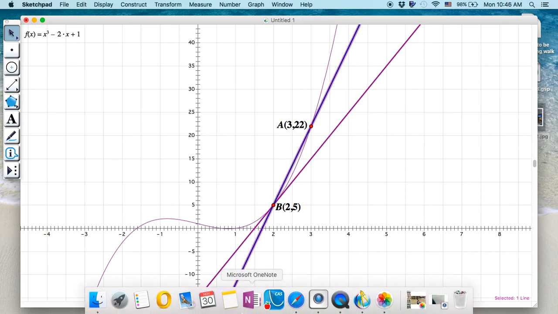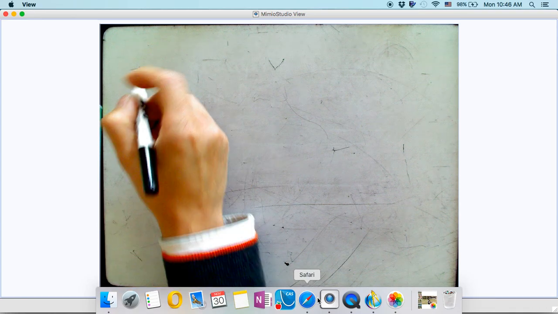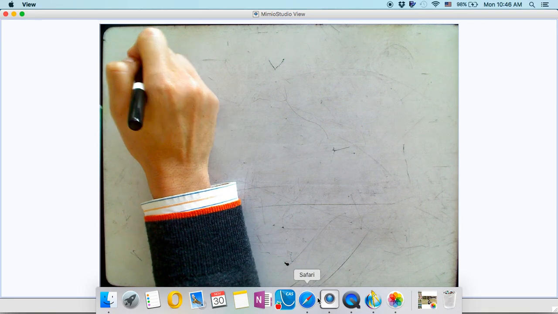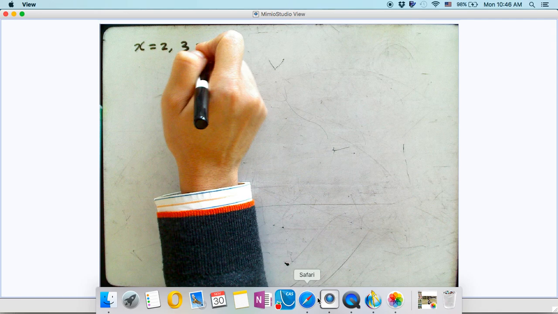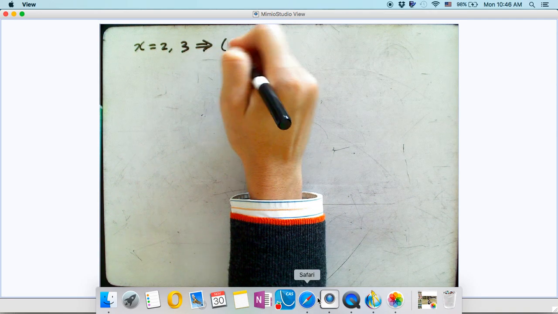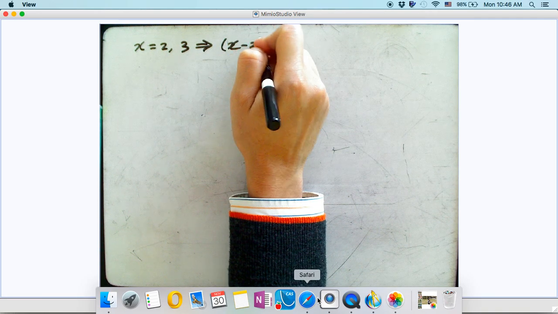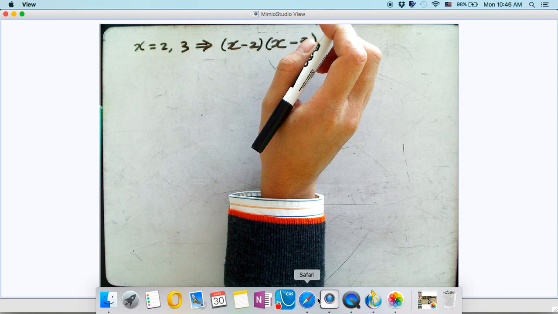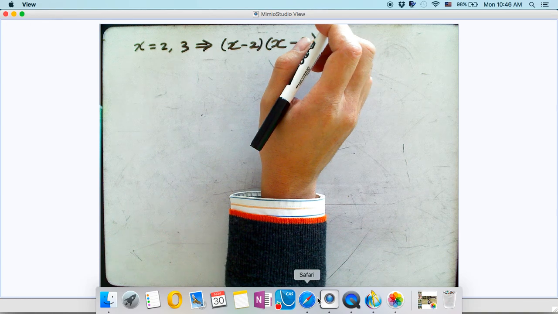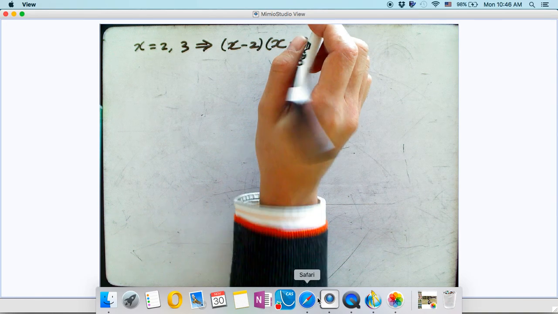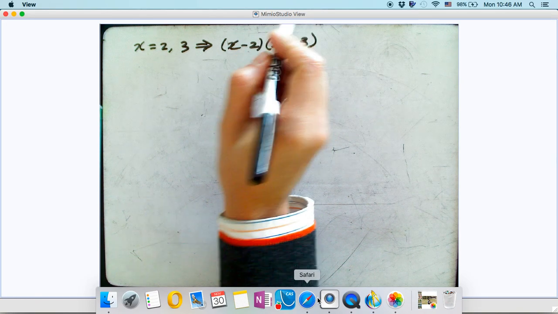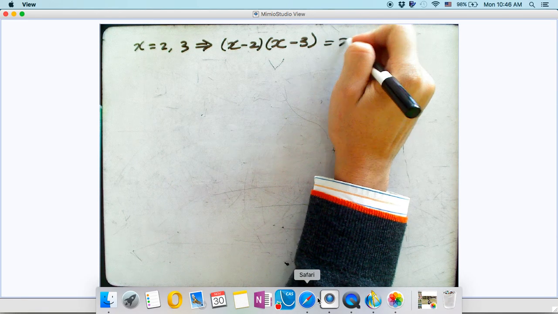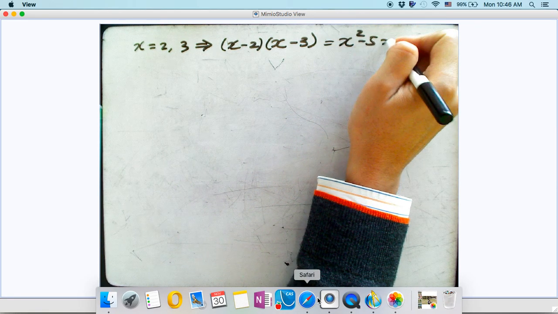The secant line crosses at x equals 2 and 3, so that tells us we have x minus 2 and x minus 3, which multiply to x squared minus 5x plus 6.